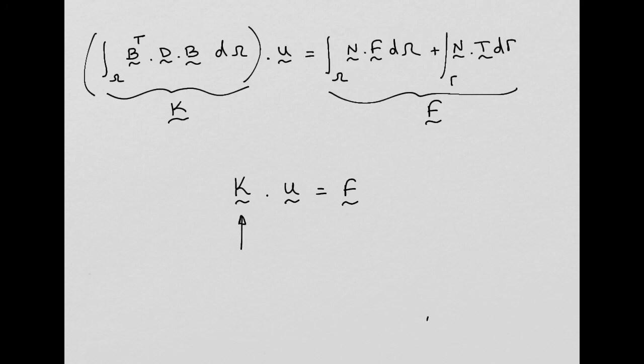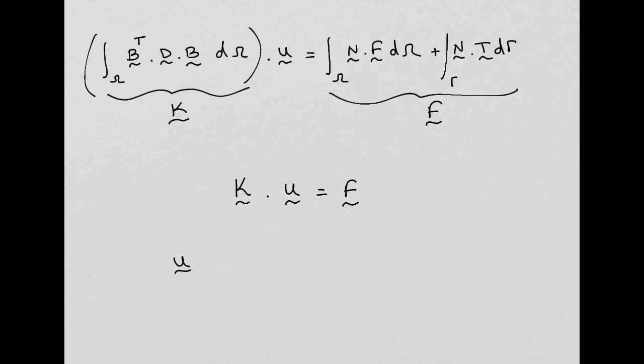Same thing for the force vector, so we will see how to do that. And then at the end, you just solve the system of equations for the unknown vector with the degrees of freedom u.